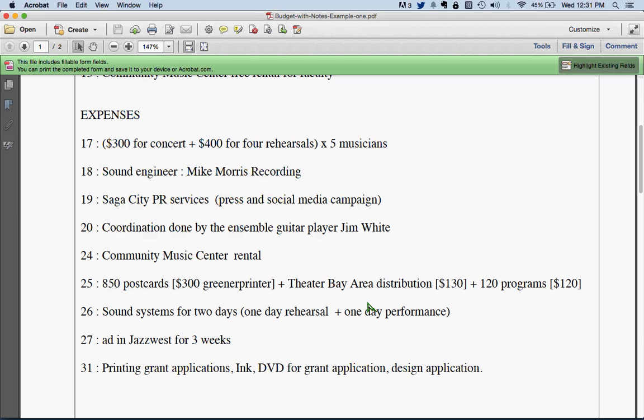Oh, and then let me point out in number 24, Community Music Center rental. Again, this is what I'm talking about, where they have included the in-kind service in both the income side of the budget and the expense side of the budget.